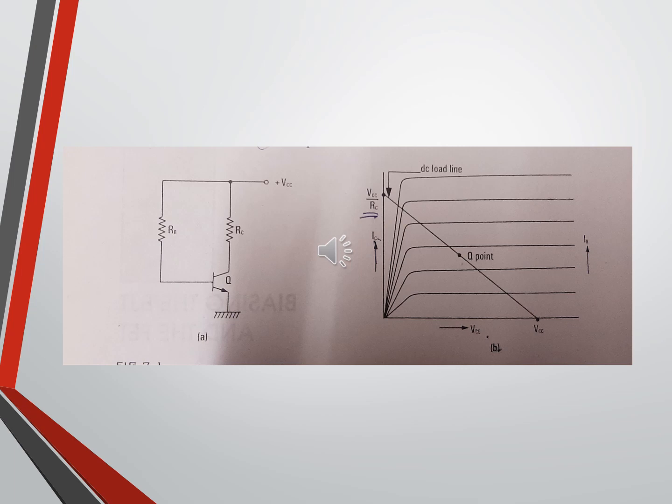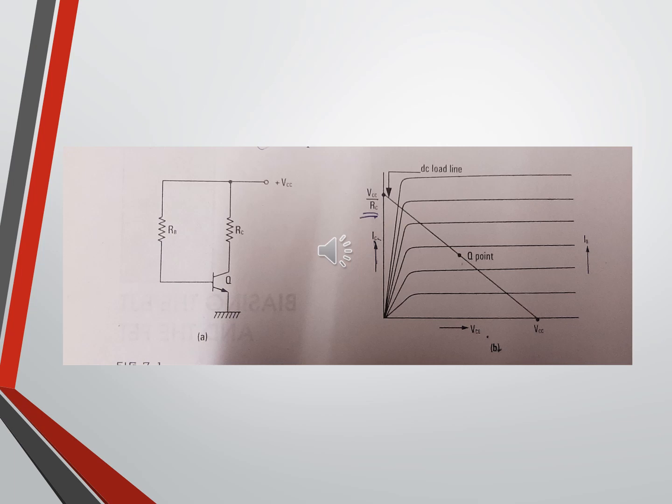So if a load resistance RL is connected from the collector to ground, what happens? Then there will be some conditions or some problems in the stability.